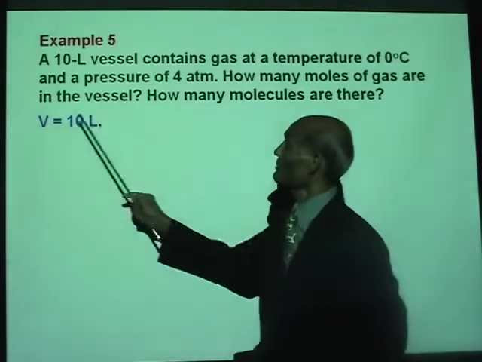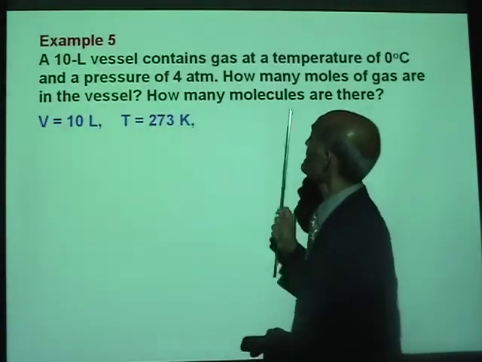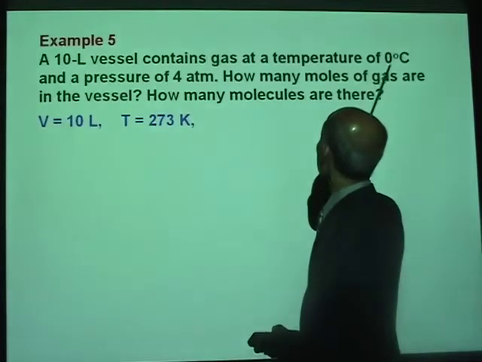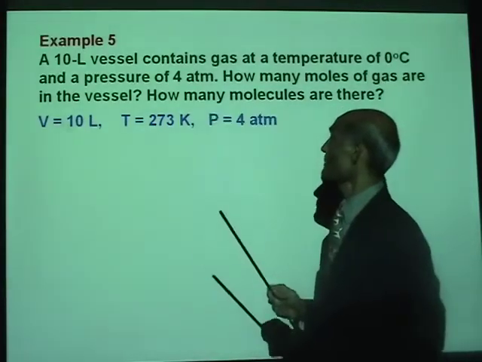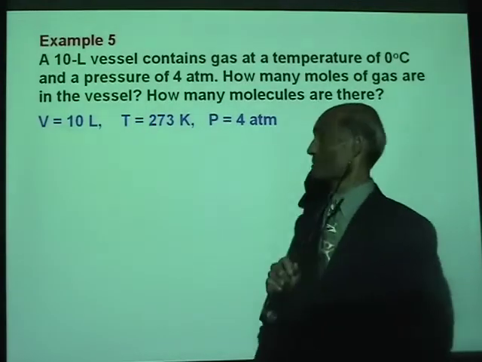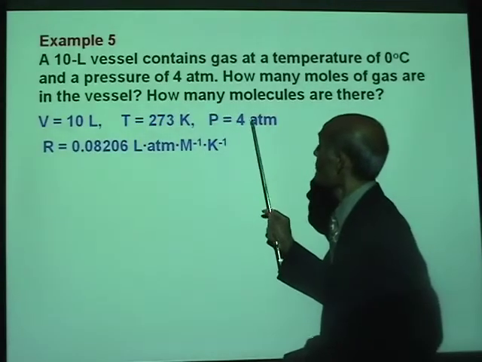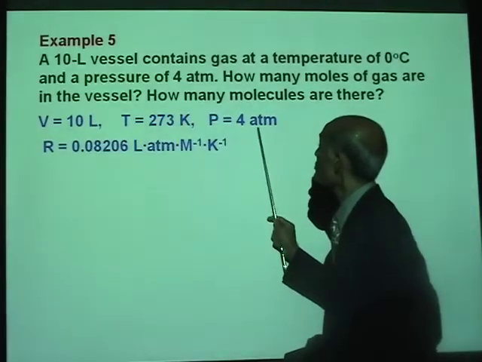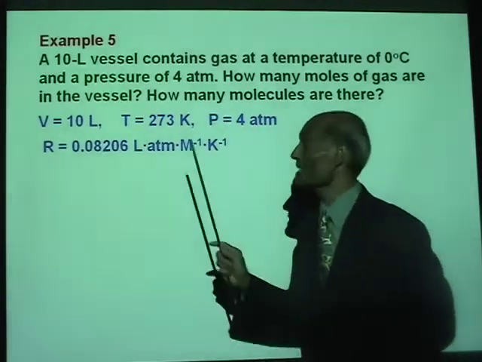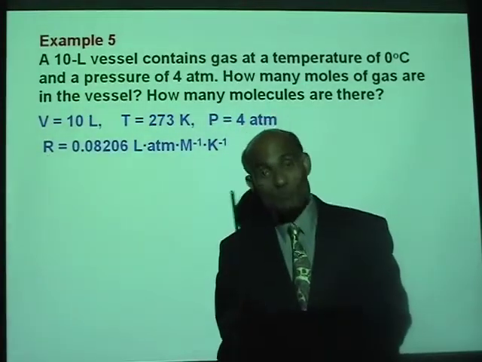What do we have? V equal to 10 liters. The temperature T is 273 Kelvin, 0 degrees Celsius. Pressure P equal to 4 atmosphere. Well, you can leave the pressure at 4 atmosphere as long as you use the value of R corresponding to that.